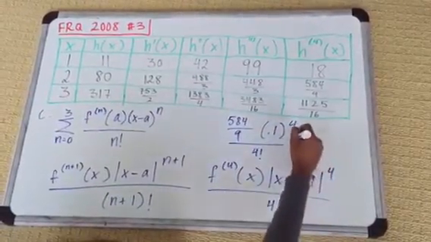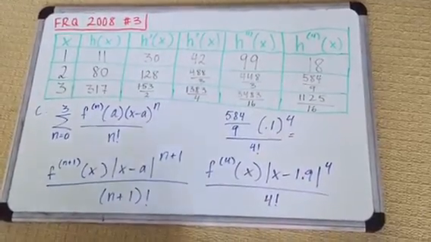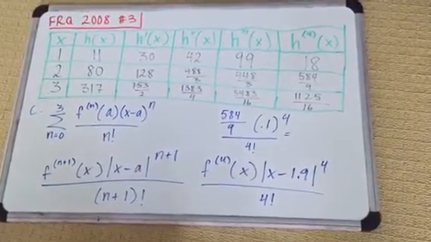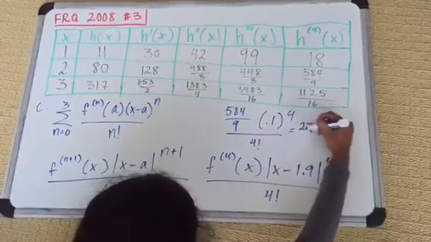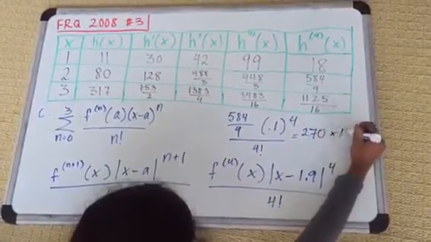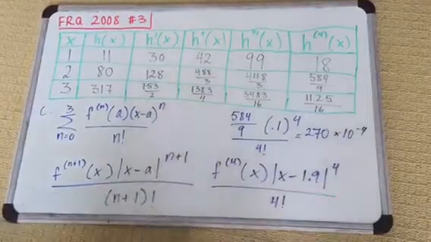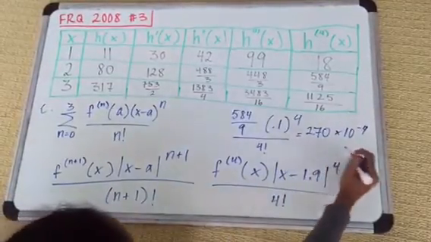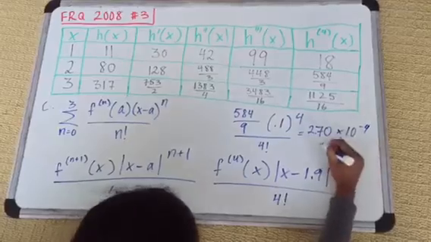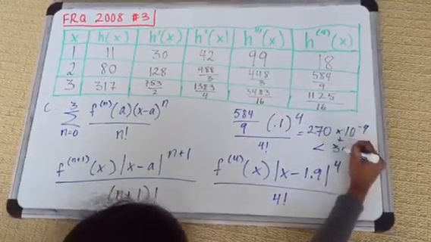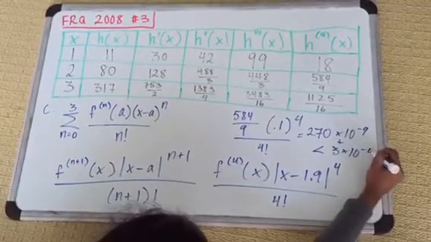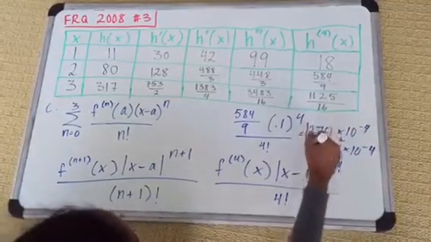And calculating this gives us 2.70 times 10 to the negative 4th. And we know that this number is less than 3 times 10 to the negative 4th. So we would just box this as our answer.